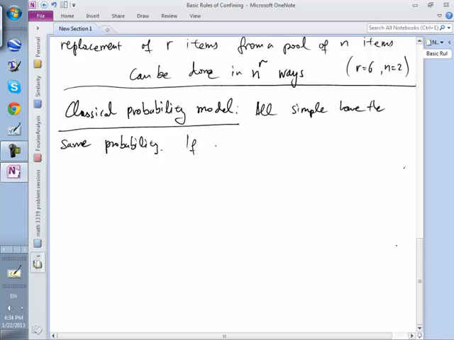So if we have n simple events in an experiment, then each one has probability 1 over n. Okay? Is it clear?